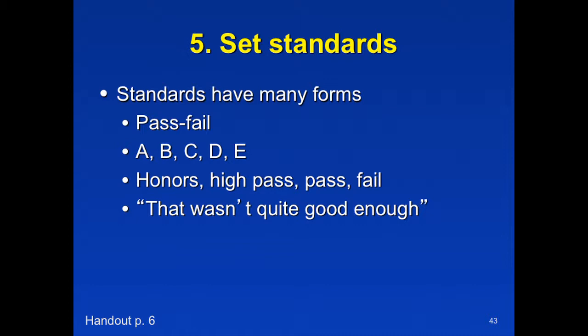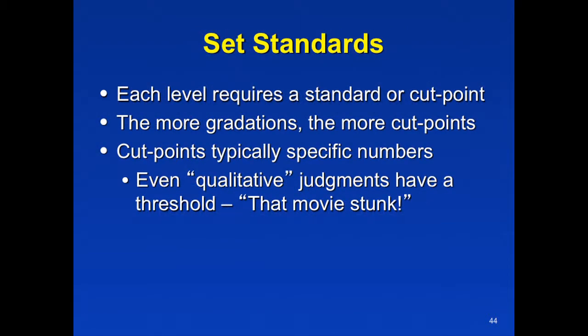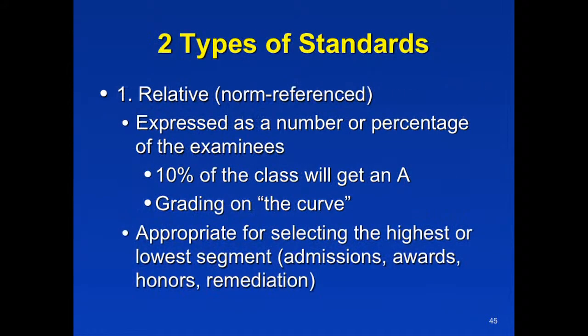But recognize that every decision you're making requires a cut point. So if you're having a 4-point grading scale, you'll need 3 cut points to separate those 4 categories. Pass-fail requires 1. So the more gradations in your judgments, the more cut points you're going to need.